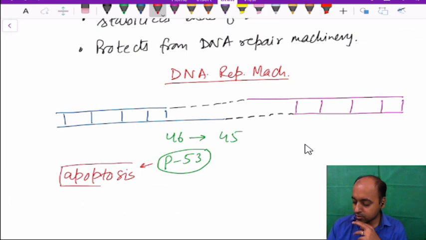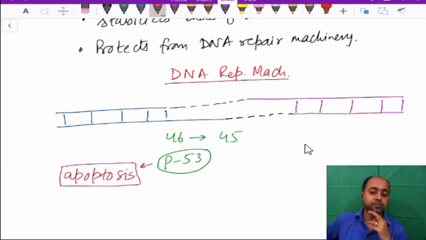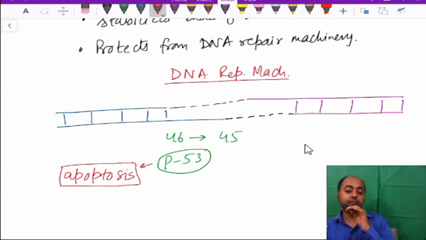One of the students has run away from the hostel. So because the count of the DNA is changed, which cannot be corrected by P53, it will induce apoptosis.